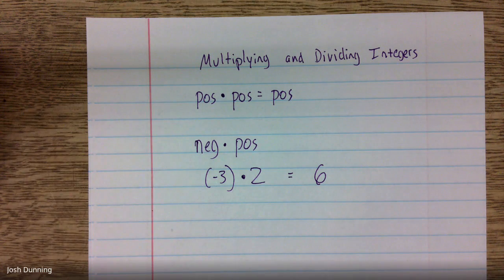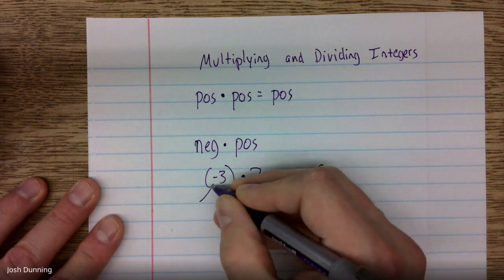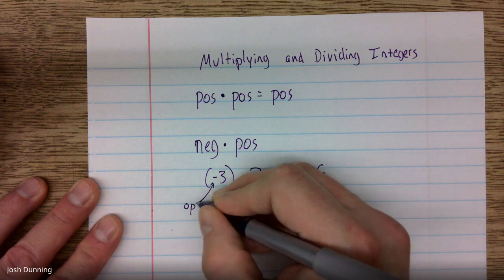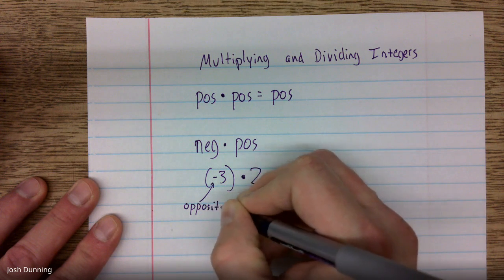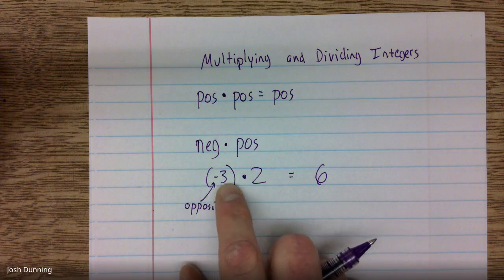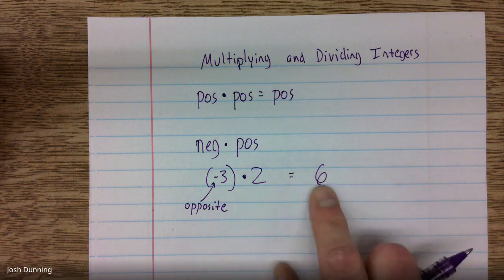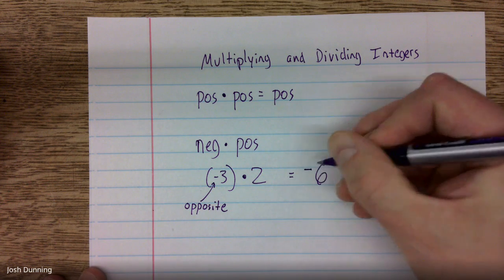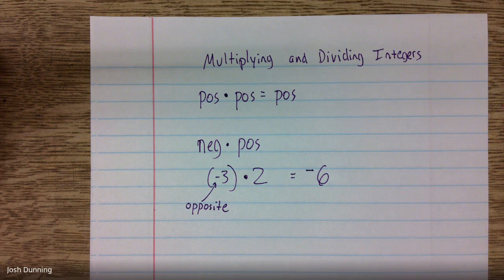Now, we've been saying that a negative means opposite. So if we have the opposite thrown in here, what's the opposite of positive 6? -6. So that's one way you can think about it.